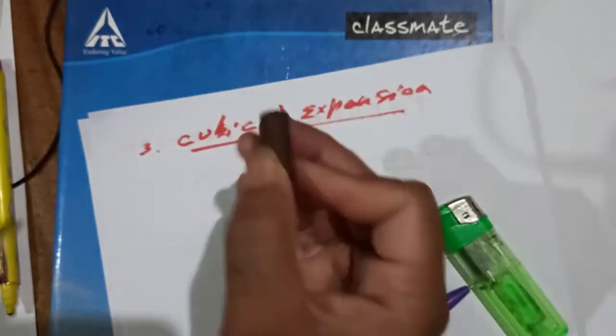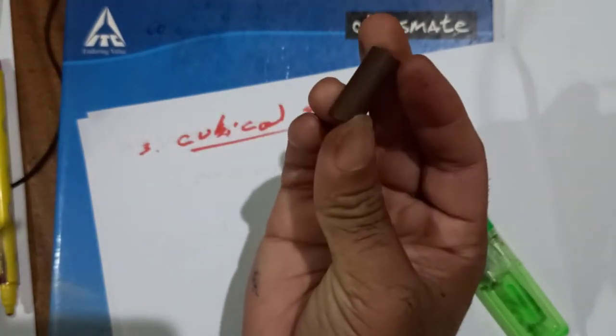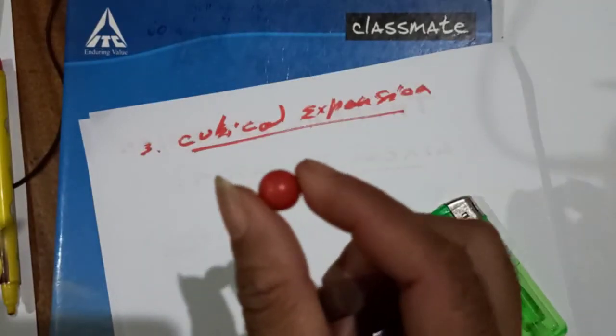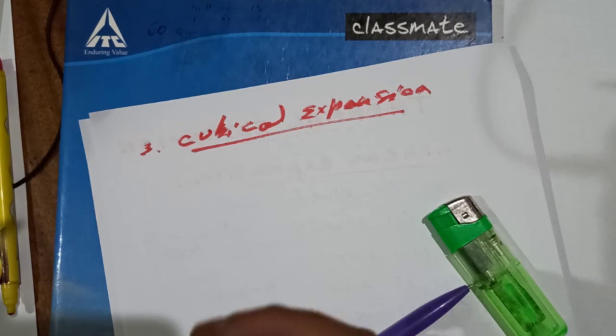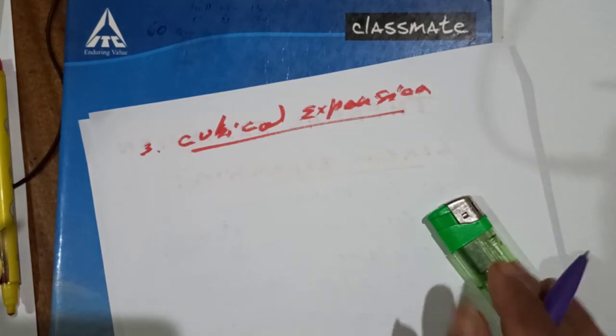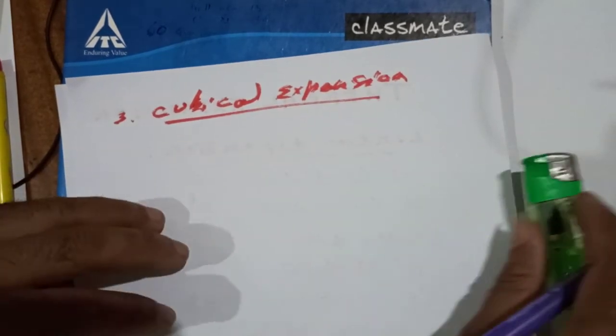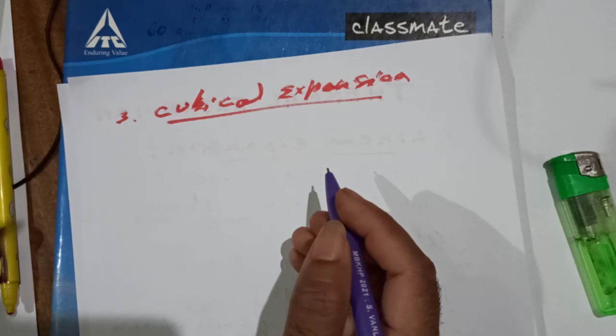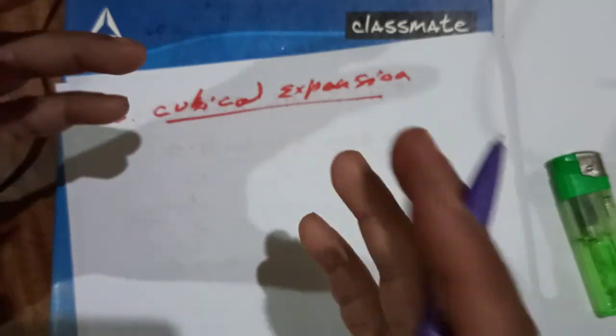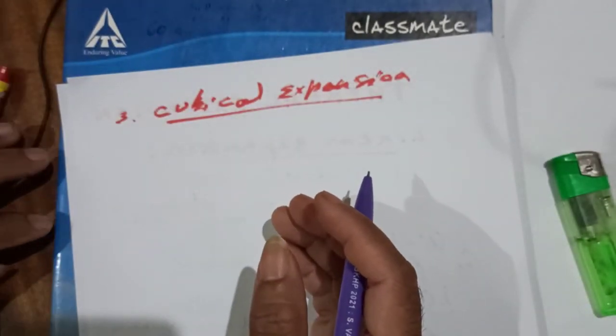So the change in the whole body, expansion in the whole body, is called cubical expansion when we give some heat. Cubical expansion is the change in the volume of a body, from the original to the increased volume, by applying heat.